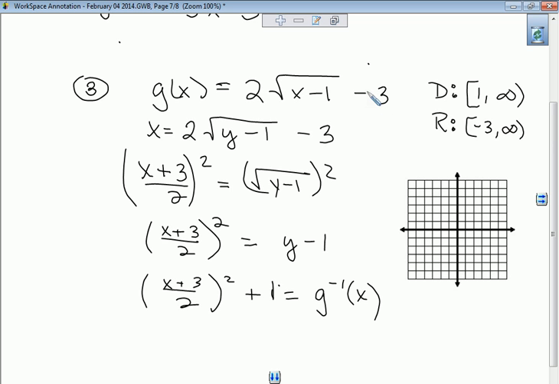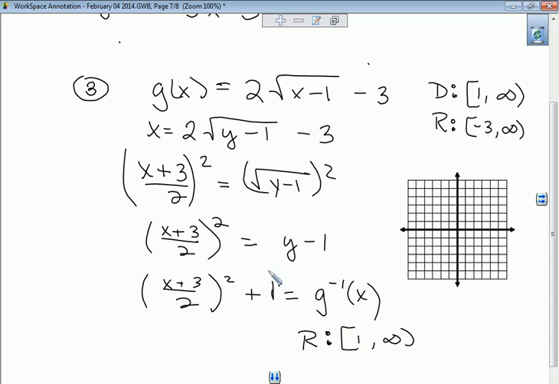Now, when we took our function to find its inverse, we switched the x and y, didn't we? When we switched the x and y, we switched the input and the output. We switched the domain and the range. So if the domain of g of x is from 1 to infinity, then the range of its inverse would be from 1 to infinity.